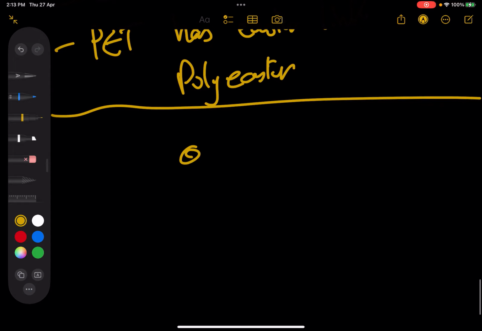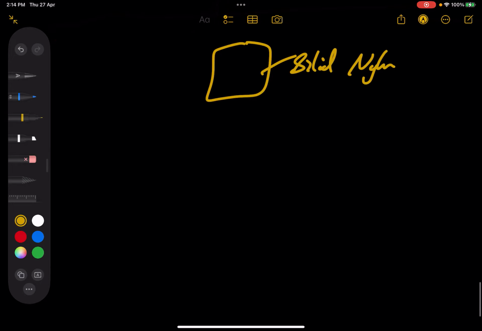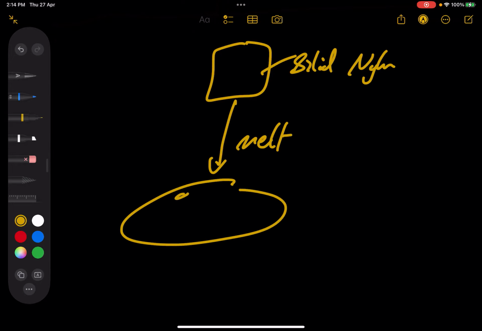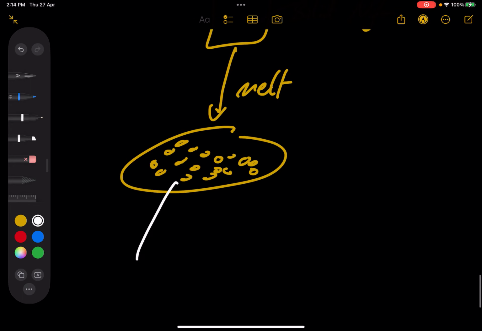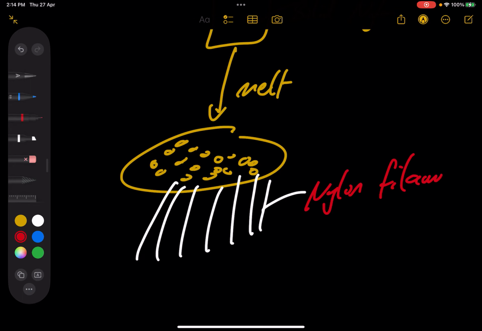So basically, solid nylon is melted and passed through tiny holes. These are nylon filaments. These are used in what? To make clothes, ropes, and tennis rackets. Not just clothes, it has a lot of uses. Nylon is used in very different things.